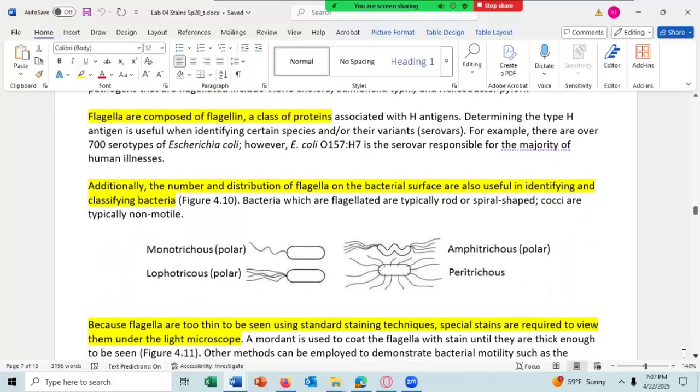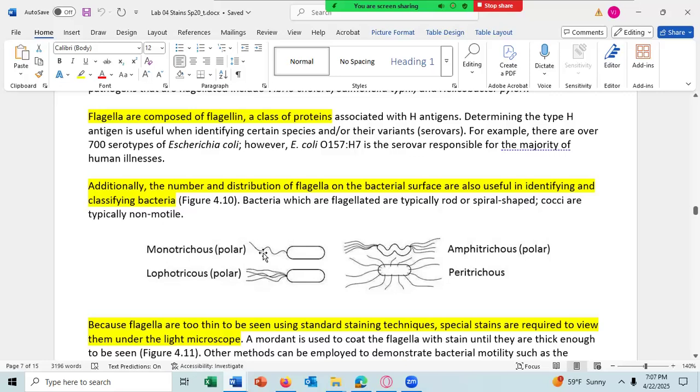You don't need to know this for a quiz, but for this lab, you need to know the distribution of flagella give the cell its flagellar arrangement. If there's one flagella on one end of a cell, we call it a monotrichous cell, one flagella.